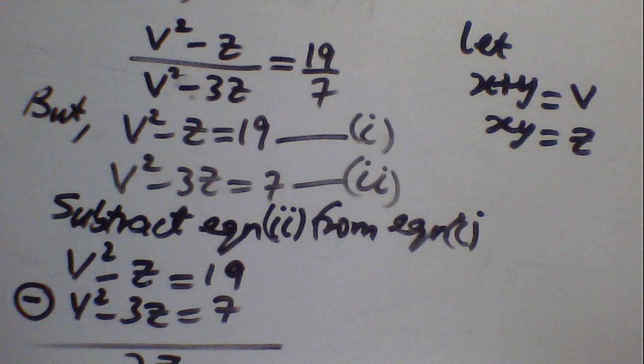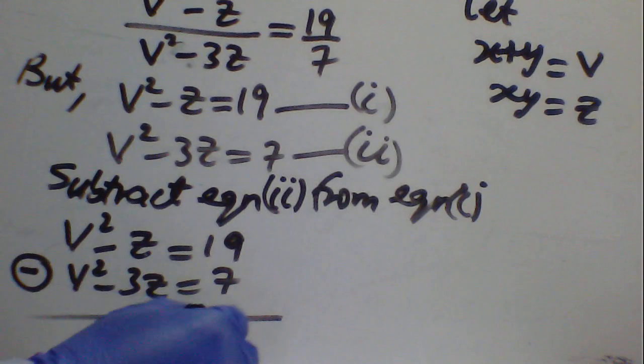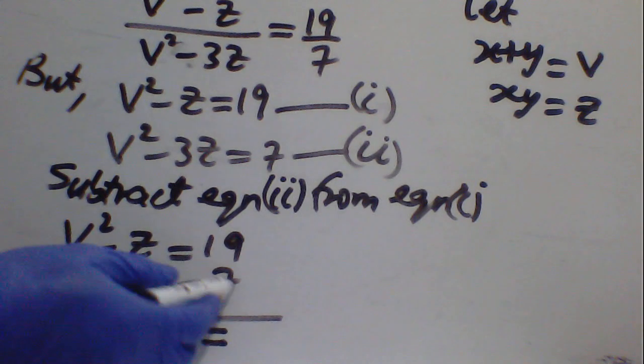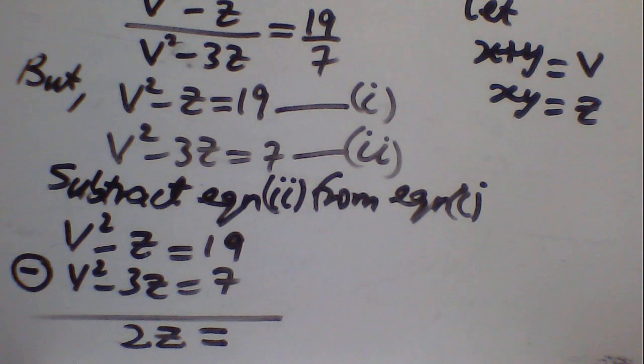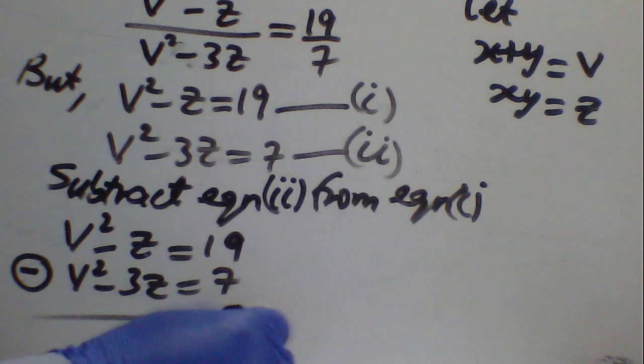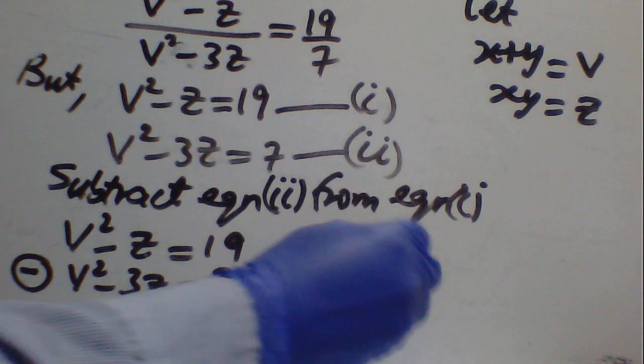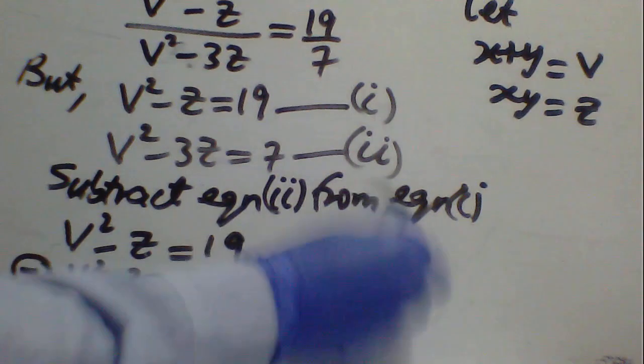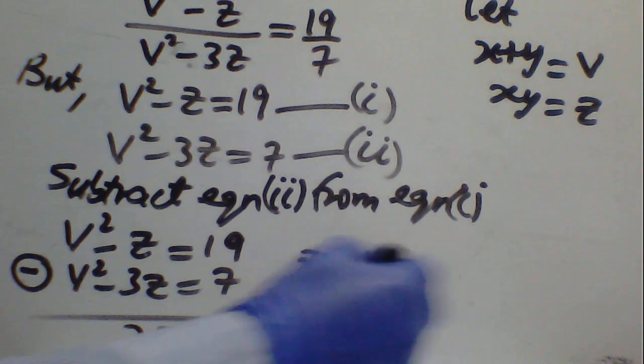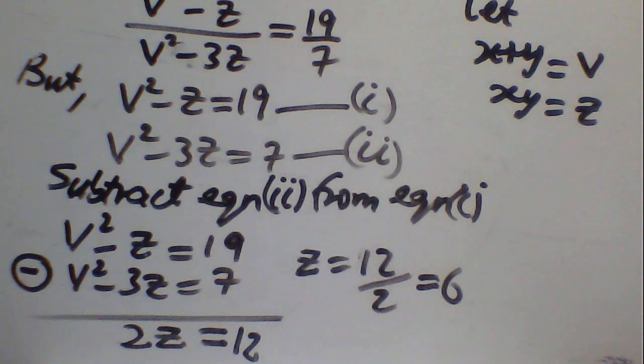And 19 minus 7 will give us 12. So make z the subject. z is equals to 12 divided by 2, and you get z to be equals to 6.